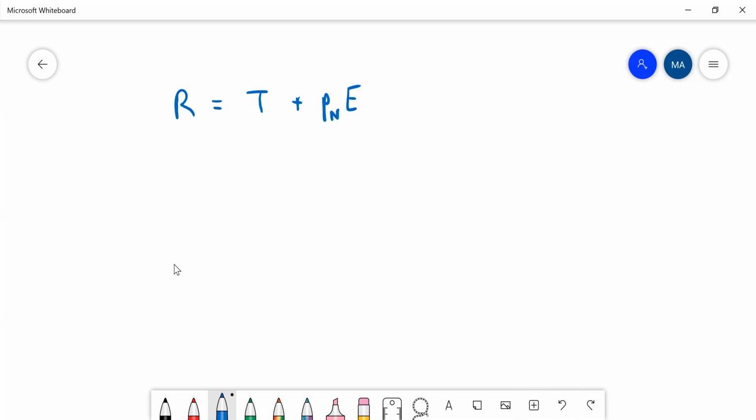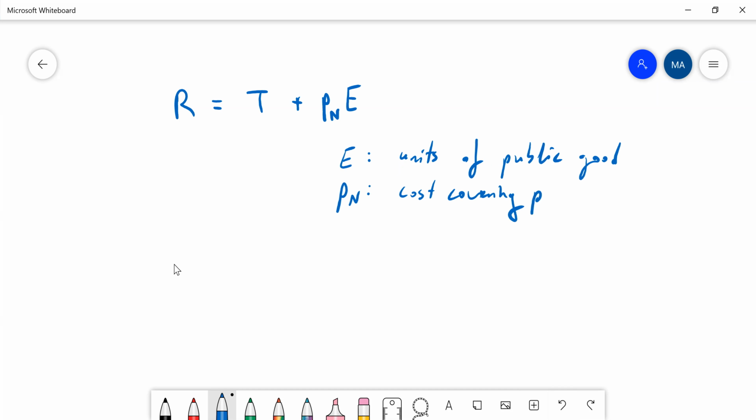Okay, so here E will be the public expenditure, or the units of public good, let's say. Use of public goods, and PN will be the cost covering price of the public expenditure, cost covering price of E, let's say. Okay. So this is then the government budget constraint, right?